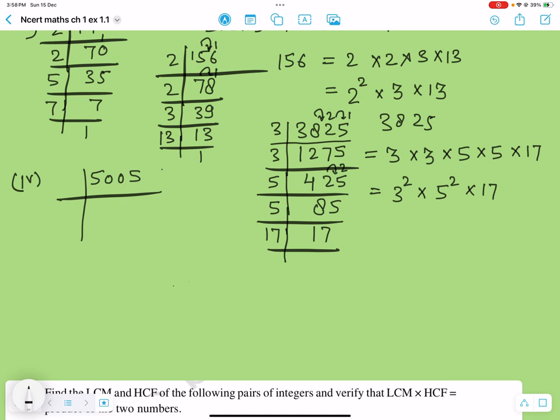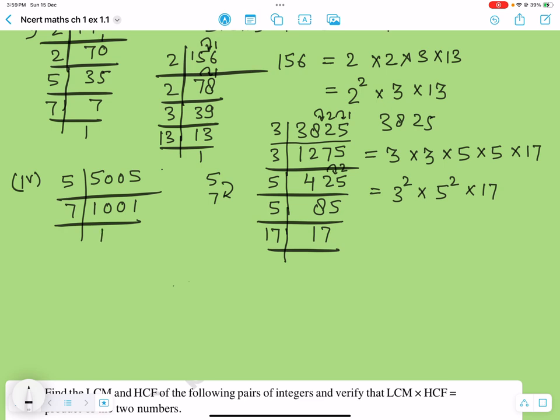We're not going to attempt it with 2 or 3. It'll be 5. 5 1s are 5, 0 0, 5 1s are 5. And now the next number. The next number cannot be 5 because the last digit should be 0 or 5. It is not. Then we'll try the next prime number, that is 7.